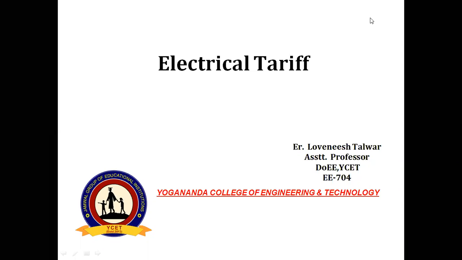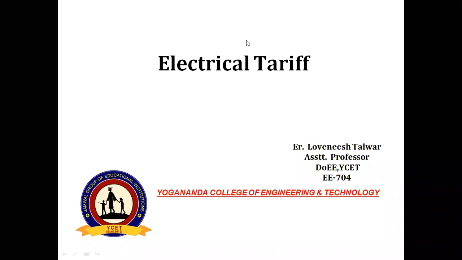After 1 month, certain units will be shown on this energy meter, which is called the reading on an energy meter. Depending upon the cost of 1 unit, your electricity bill will be made and dispatched to your home, and you have to pay that bill. This is known as electrical tariff.